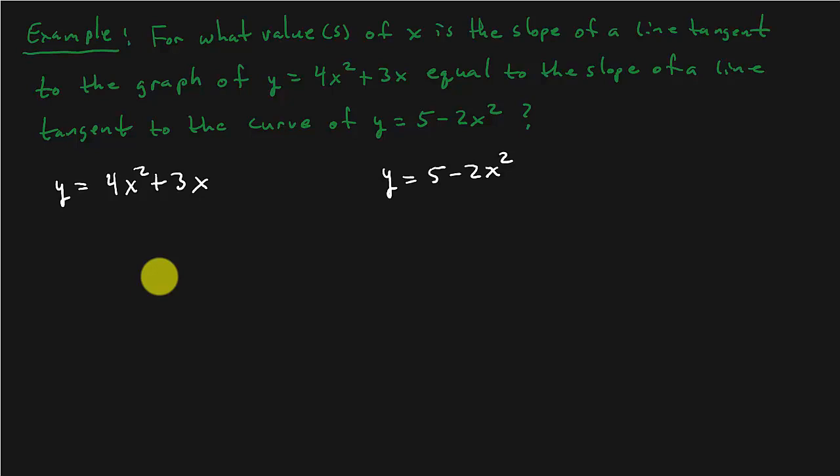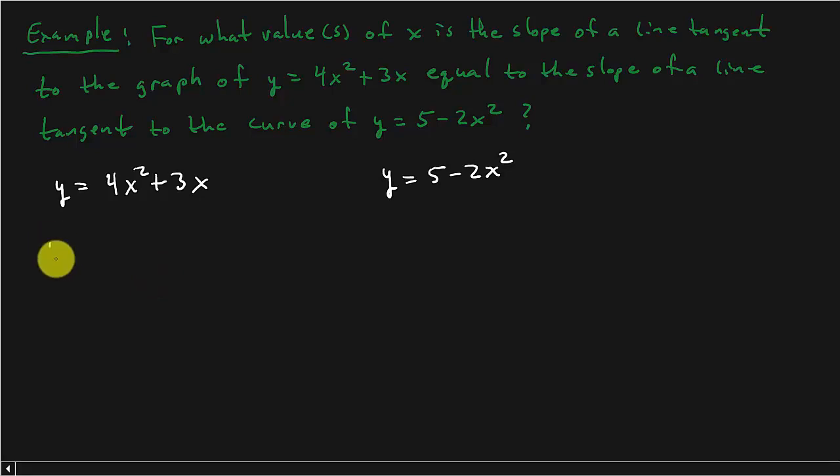Well, how do we find the slope of the tangent line? You take the derivative and evaluate it at an x value, and that gives you the slope of the tangent line. So if we take the derivative, that's 8x plus 3, and this derivative is negative 4x.